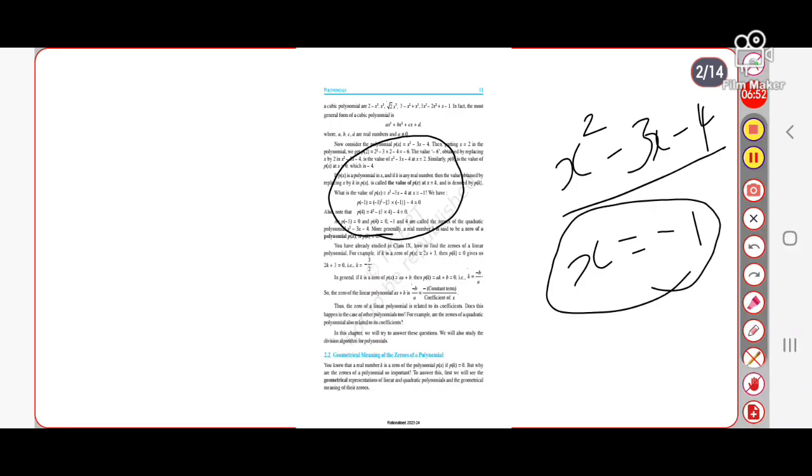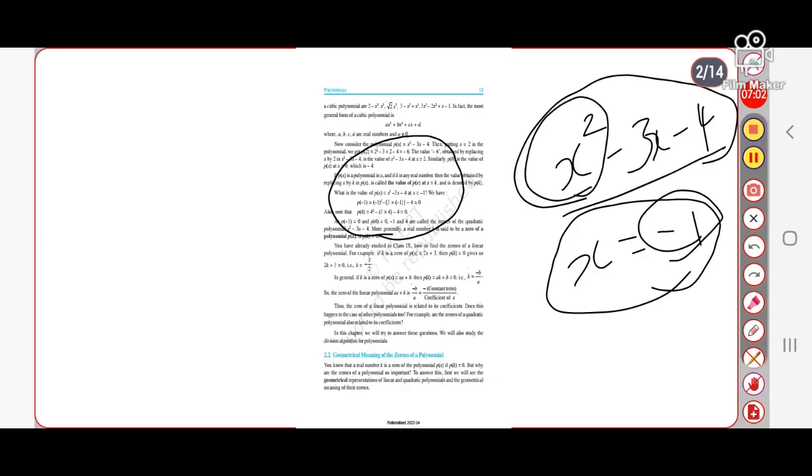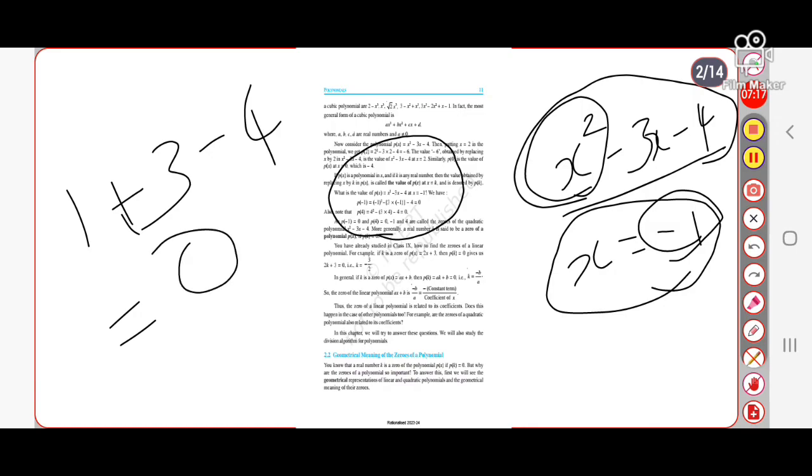This is merely substituting the value of x in the entire equation. We get minus 1 the whole square, which is 1, minus 3 into minus 1, which is minus 3, and with the minus present it becomes plus 3, and minus 4 remains the same. The entire value will be 0. So we represent it as p of minus 1 equal to 0.